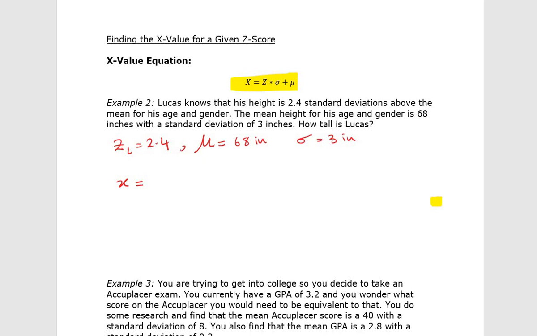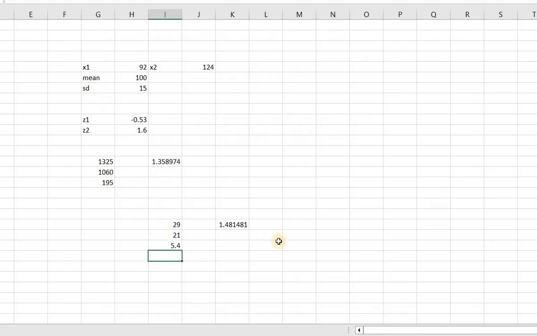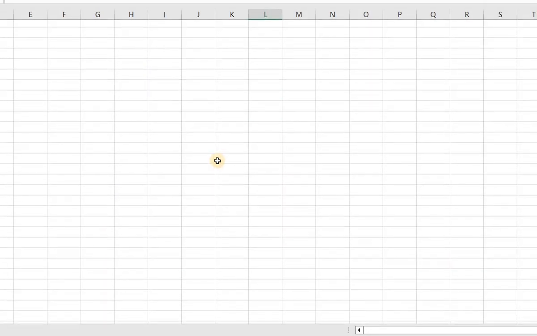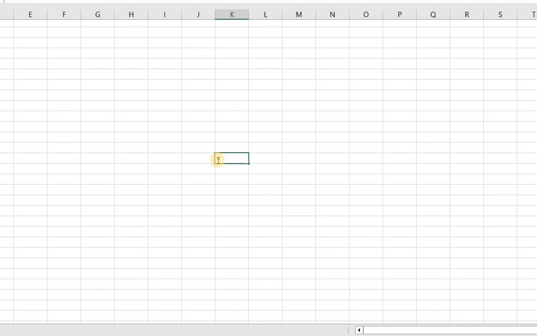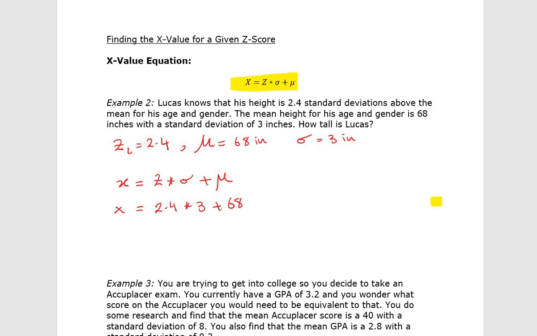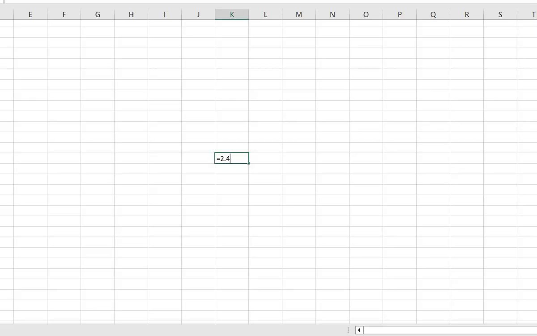Now, the x value is equal to the z-score times the standard deviation plus the mean, which means his height is equal to 2.4 times 3 plus 68. Now, I'm going to compute that on Excel. You can do that on any calculator, but I'm going to do it on Excel here. Equals 2.4, times 3 plus 68.